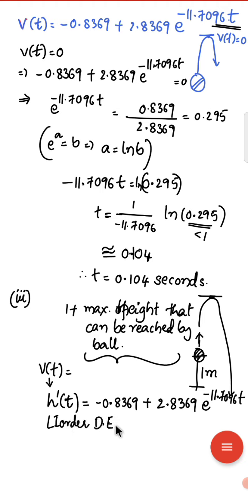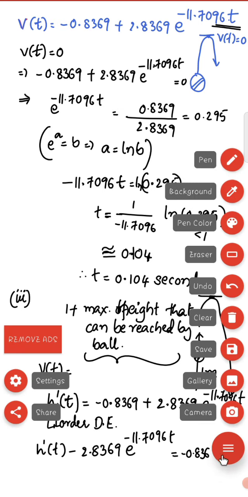So we'll solve this, which is of the form h dash of t minus 2.8369 e to the power of minus 11.7096 t is equal to minus 0.8369.